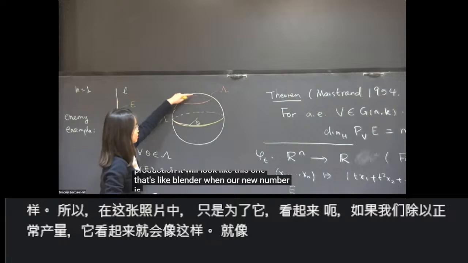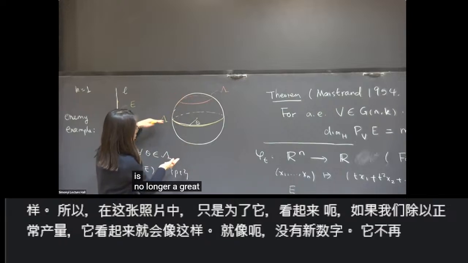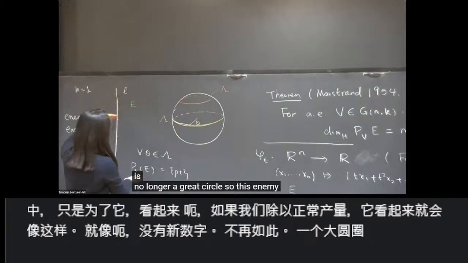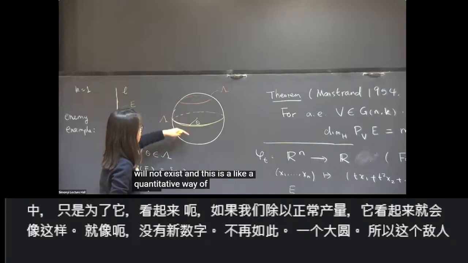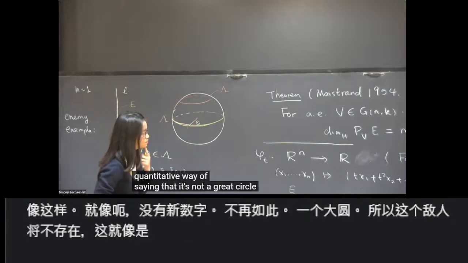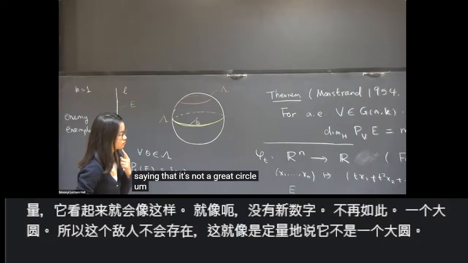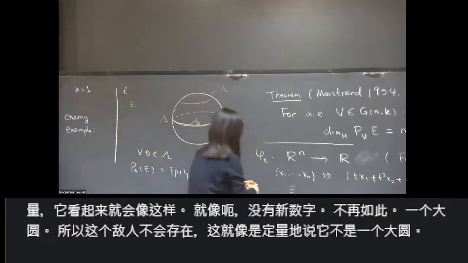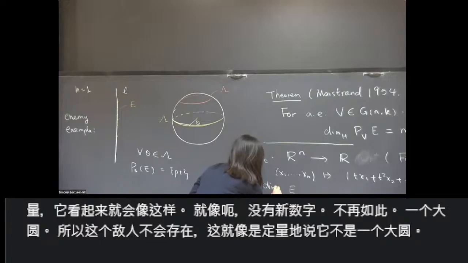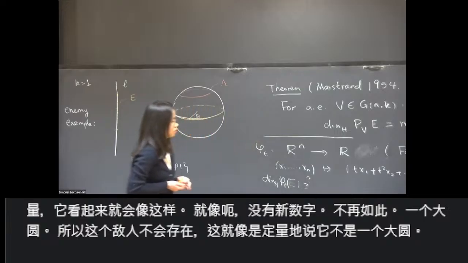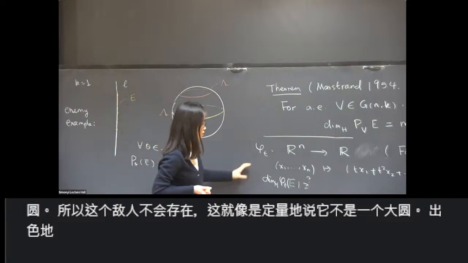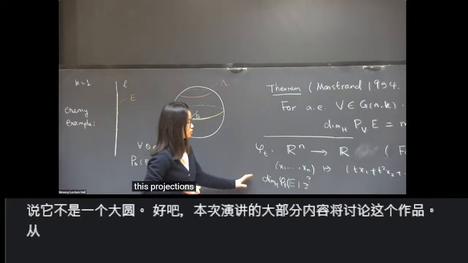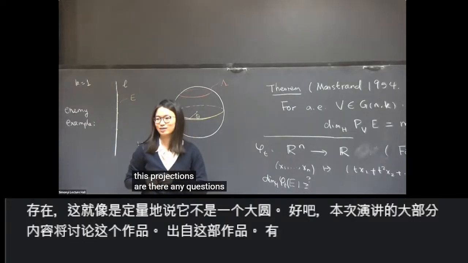When our new lambda is here, it's no longer a great circle, so this enemy example will not exist. This is a quantitative way of saying that it's not a great circle. For most of this talk, we'll be talking about this projection. Are there any questions so far?